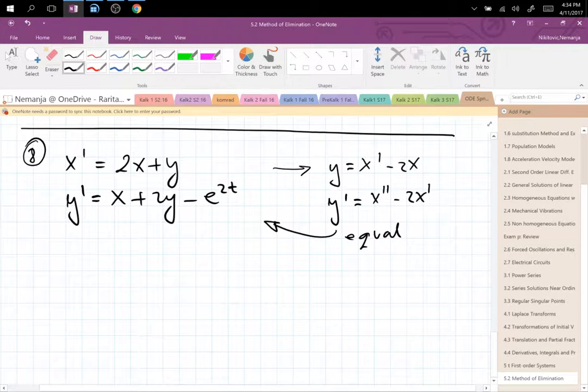So the solution of the problem is e to the... Just kidding.